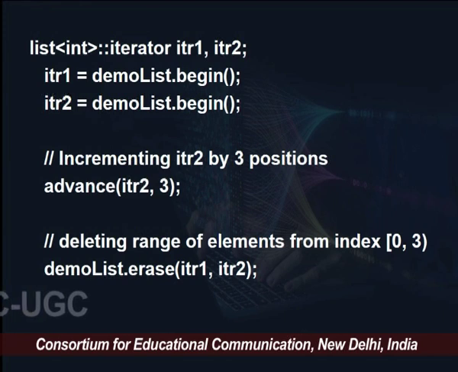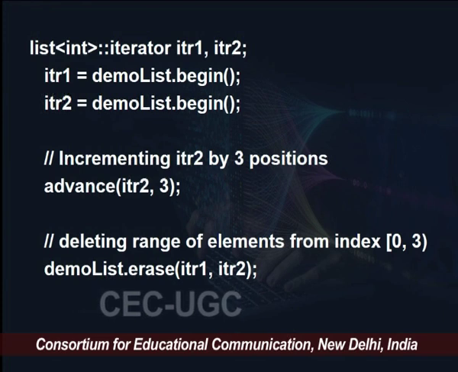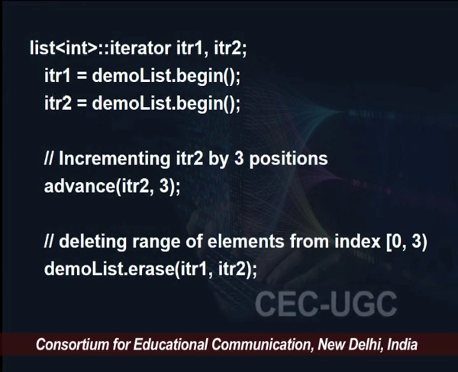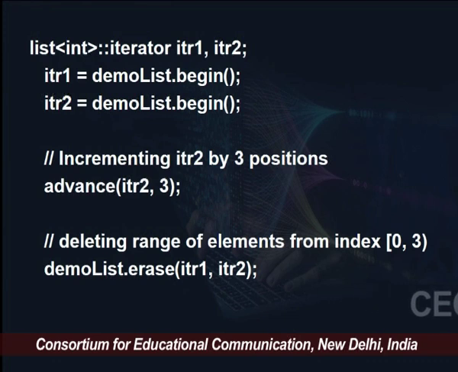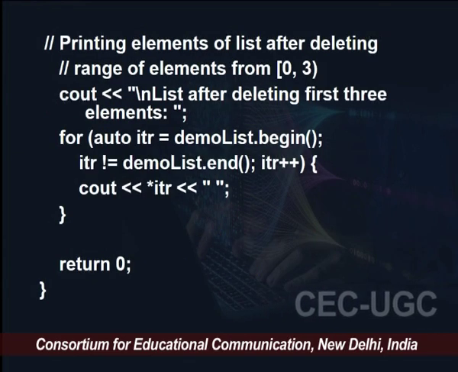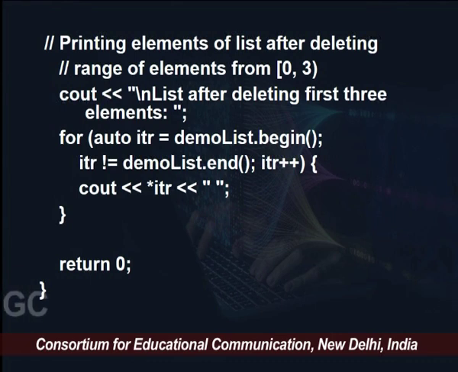So, here we have demo list dot erase itr1 comma itr2. Starting from itr1, which is nothing but the beginning, till itr2, which is pointing towards the 3rd position, whatever elements fall in between, all those elements will be erased. And after execution of this erase command, we are going to print the list of whatever elements are remaining.